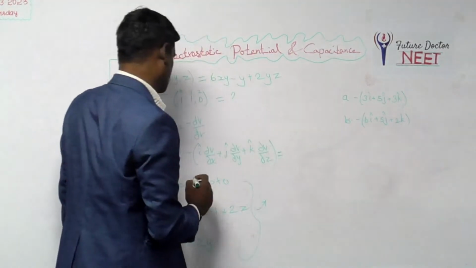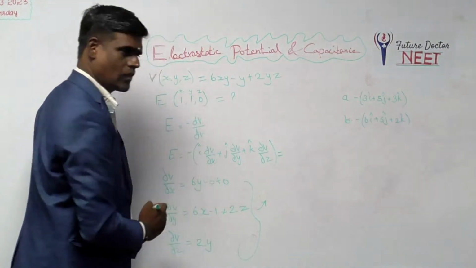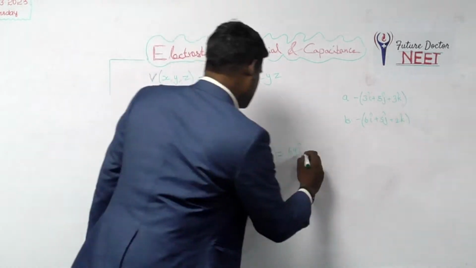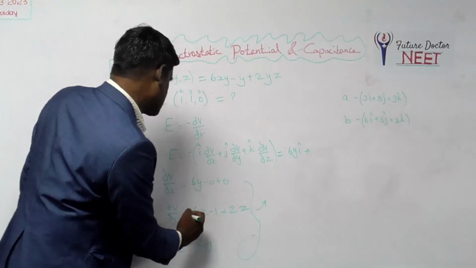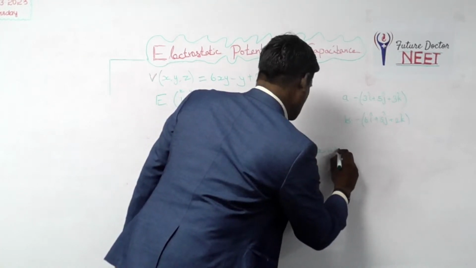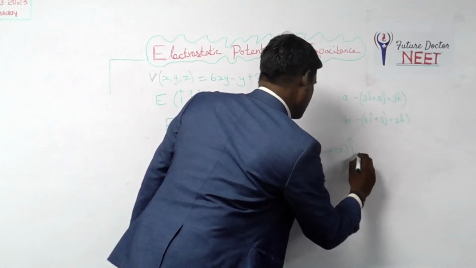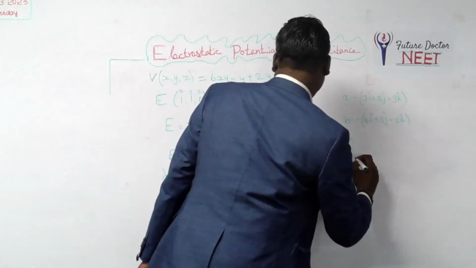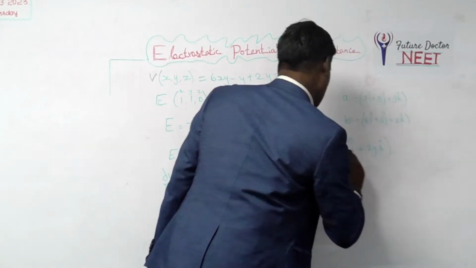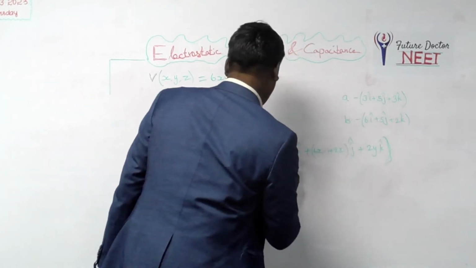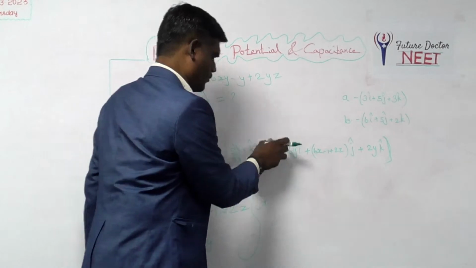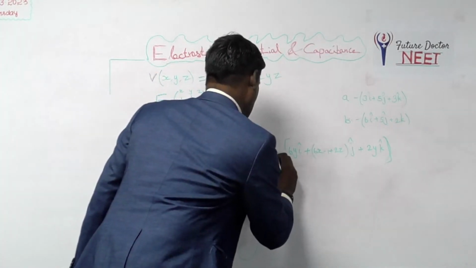Then this is equal to minus of dou V by dou x, 6y, into I cap, plus dou V by dou y, that is 6x minus 1 plus 2z, j cap, and then 2y k cap, whole with the minus sign.